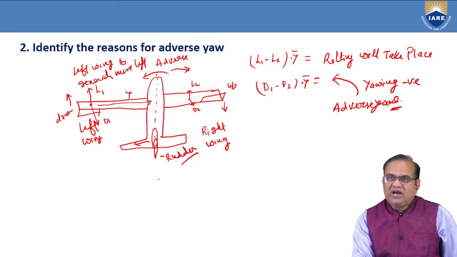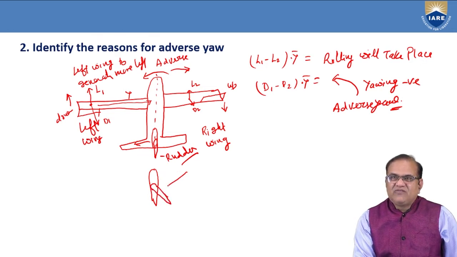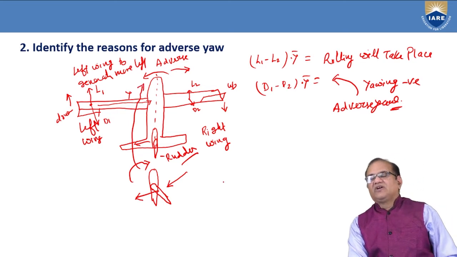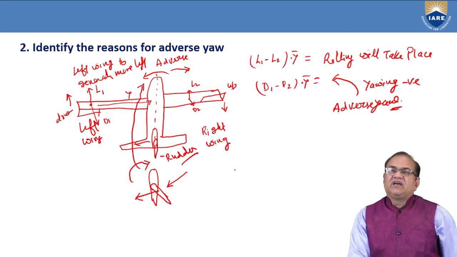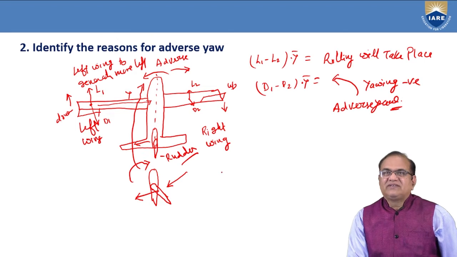We have to move this. I am making a clear cut here again. This is the rudder, so the rudder moves in this direction. So the wind will come here, a force will be generated, and a moment will be generated. This moment will counter this moment. So that is the requirement of the rudder.